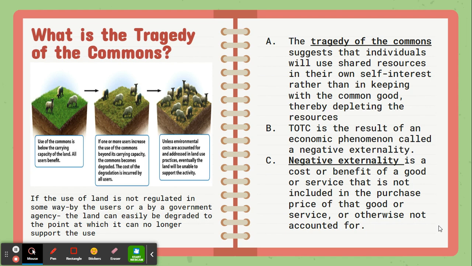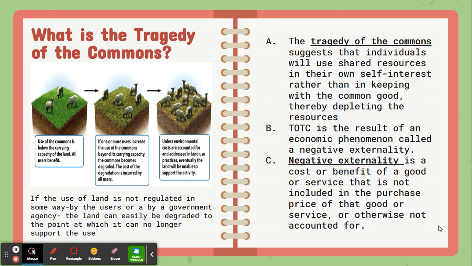But part 2, you then had to establish some form of regulations to ensure you didn't totally wipe out your ocean. So here with Tragedy of the Commons, this tells us that individuals will tend to use a shared public resource in their own self-interest rather than keeping with the common good. So what eventually happens is that publicly shared resource becomes depleted.